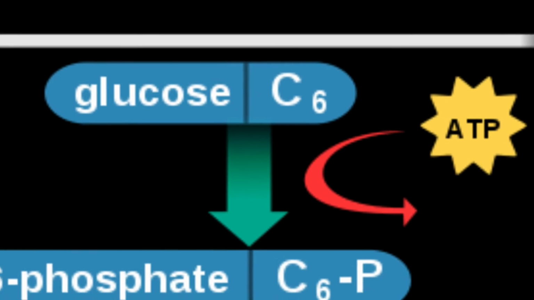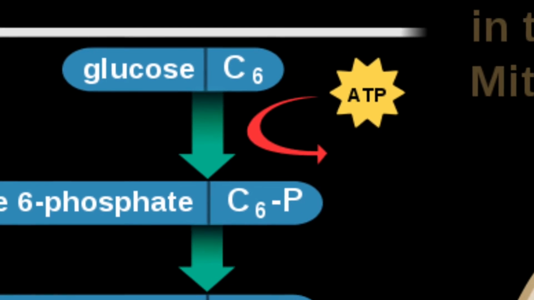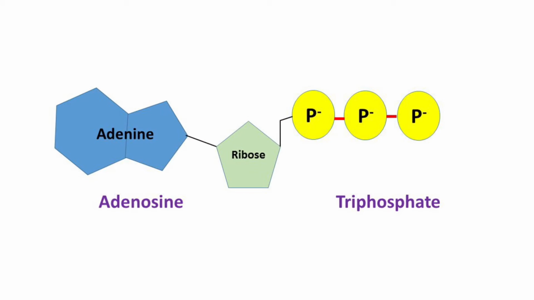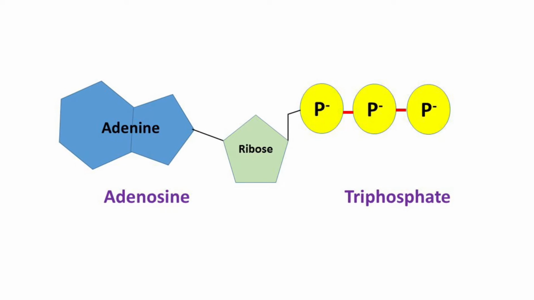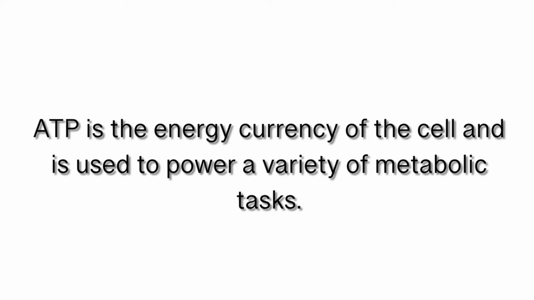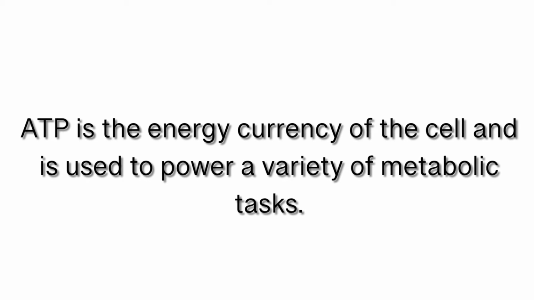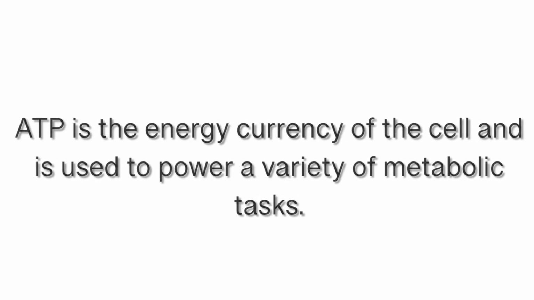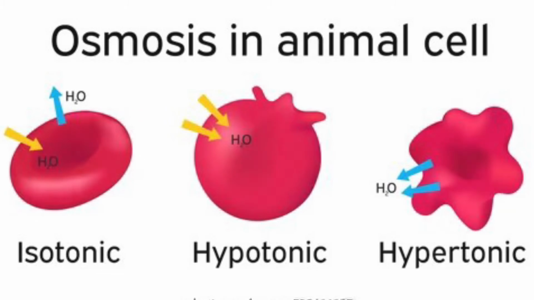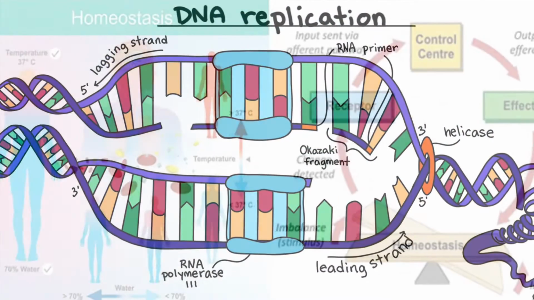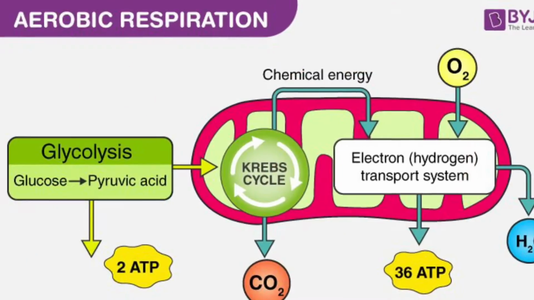Glucose in the blood is taken up into your body cells, and through a series of complex processes known as cellular respiration, it produces an energy molecule called adenosine triphosphate, or ATP. ATP is the energy currency of the cell and is used to power a variety of different metabolic tasks. ATP powers cellular processes such as osmosis, protein synthesis, DNA replication, homeostasis, aerobic and anaerobic respiration, and more.